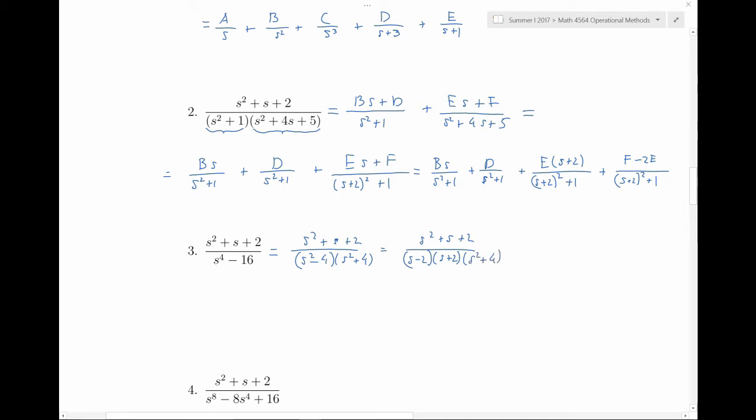And s squared plus 4 is an irreducible quadratic factor. So the partial fraction decomposition is going to have a single fraction for s minus 2, a single fraction for s plus 2, and a fraction for the irreducible quadratic factor s squared plus 4.